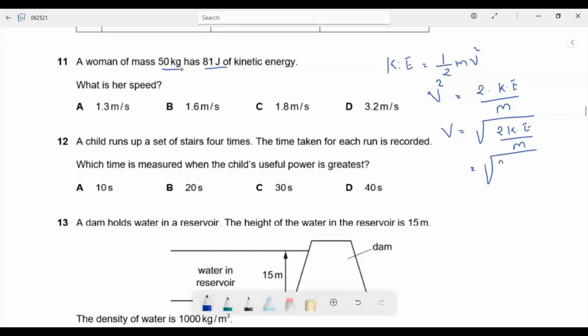So we can write it as 2 into 81 joules divided by 50 kg, that is the mass. While calculating 2 into 81 by 50, we'll be getting 3.24 meter square per second square. Taking the square root, the answer will be 1.8 meters per second. So the right answer is C, 1.8 meters per second.